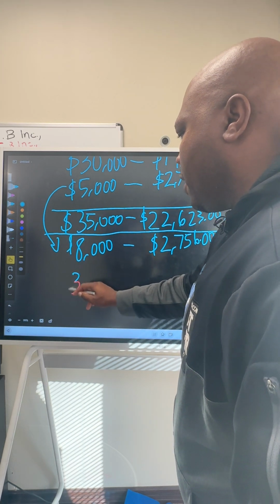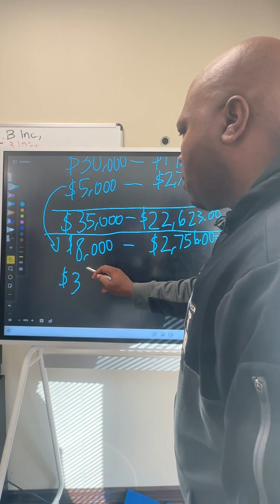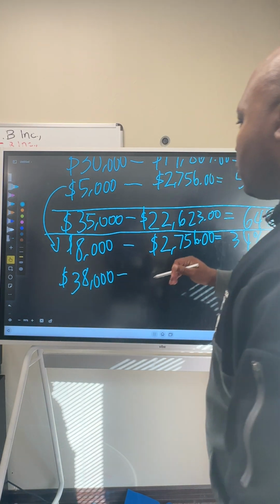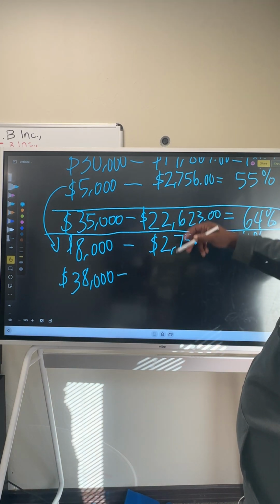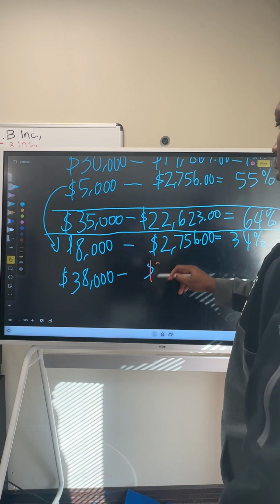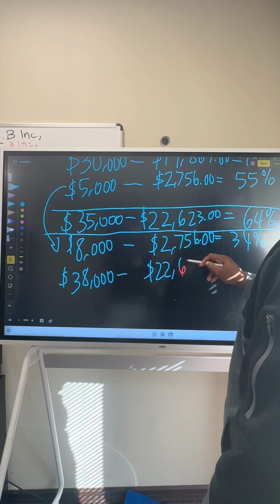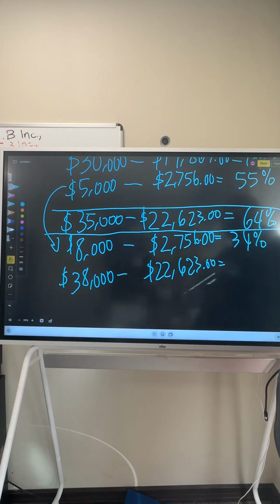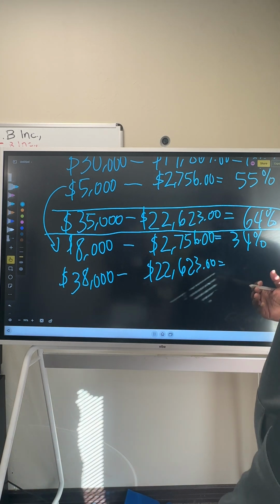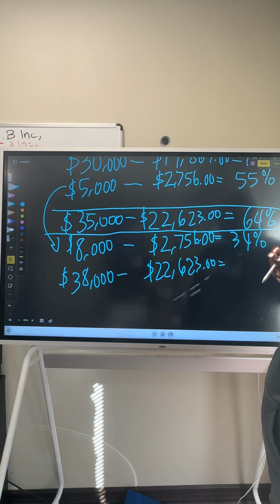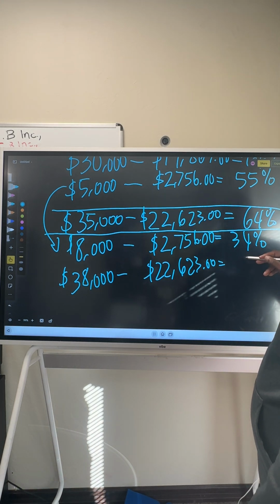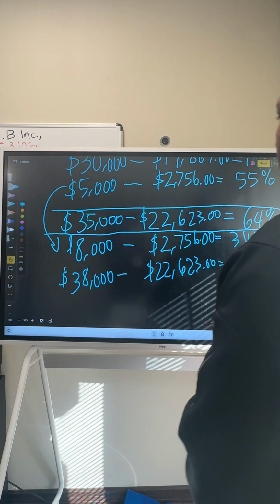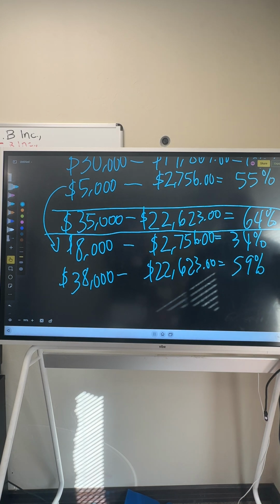You just add 3,000, which makes 38. You still have the same balance right here, 22,623. So now you do your overall debt to credit ratio, and now we're talking about 59%. So 59%.